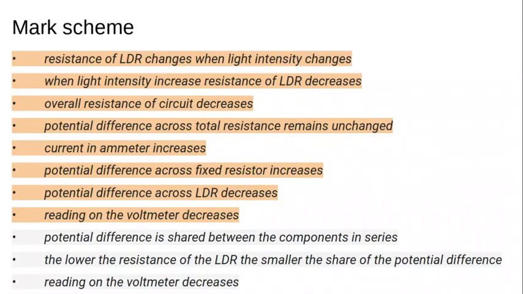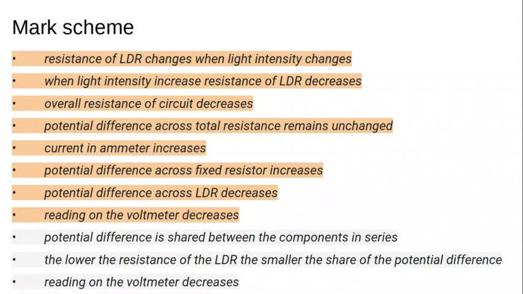So let's read through what we've already covered that's in the mark scheme. The resistance of an LDR changes when light intensity changes, or specifically, when light intensity increases, the resistance of the LDR decreases. And as a result, the overall resistance of the circuit decreases. The potential difference across the total resistance remains unchanged.